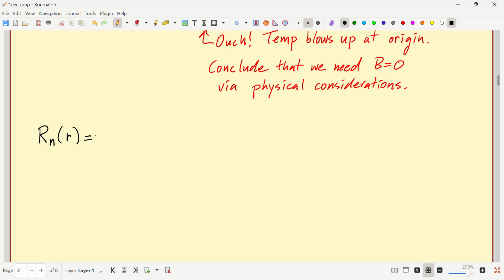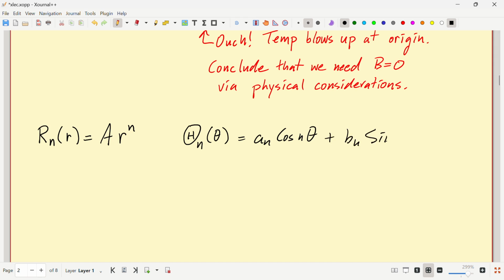So let's take a constant, just the A times r to the n. And remember my Theta n was a_n cosine n theta plus b_n sine n theta.